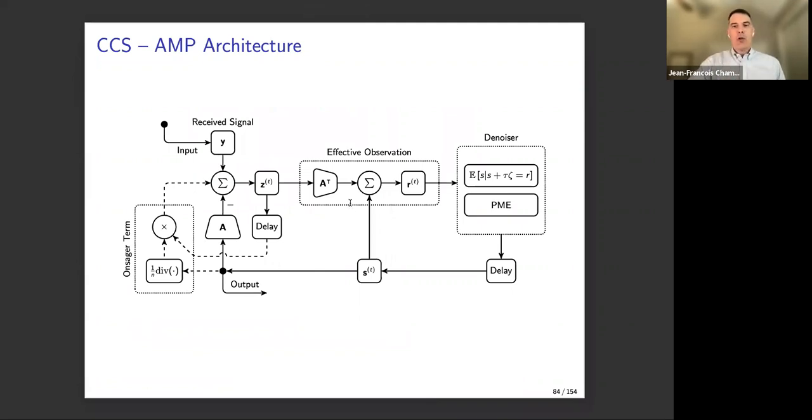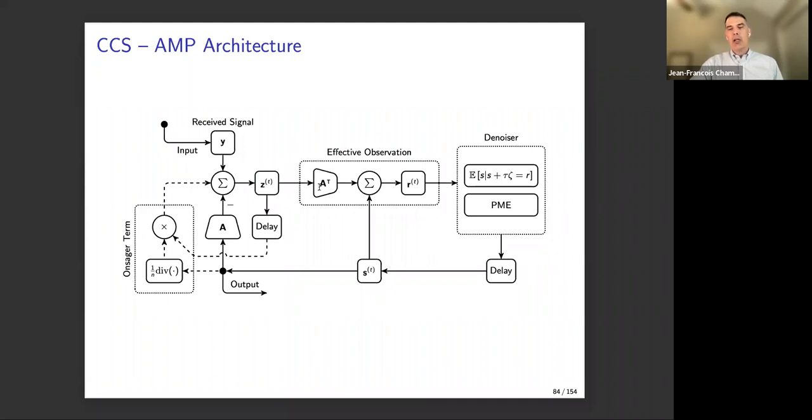So this notional diagram explains the structure of an approximate message passing for coded compressed sensing. The way it works is you start here, on the top left, the input is your received signal. This is not going to change, that's Y. Initially, that Y is equal to Z, and that becomes your residual.